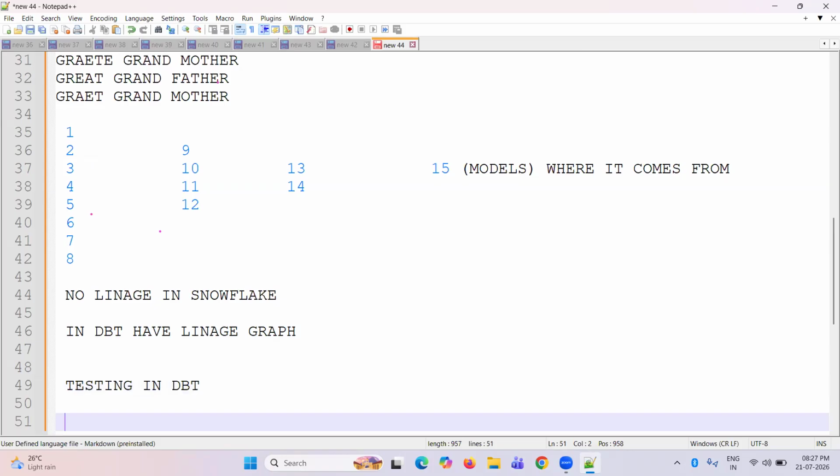See, Snowflake does not enforce all constraints. Remember, Snowflake does not enforce all constraints. As per the documentation, Snowflake enforces only NOT NULL. As per my experience, it also enforces DEFAULT.